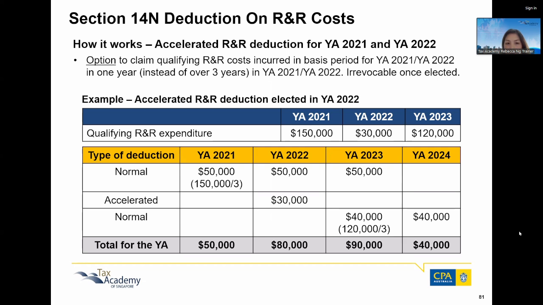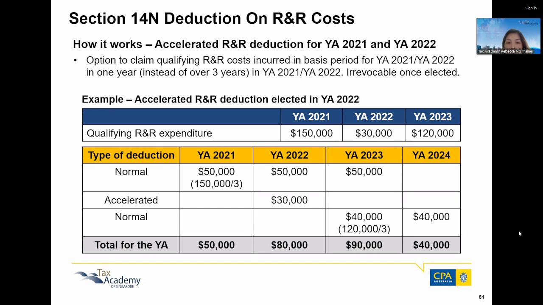But because I can claim over 3 years, for YA 2021 I can claim 50,000. So there's a two-step: first adjustment, remove whatever exists in the profit and loss; second step, claim the deduction.